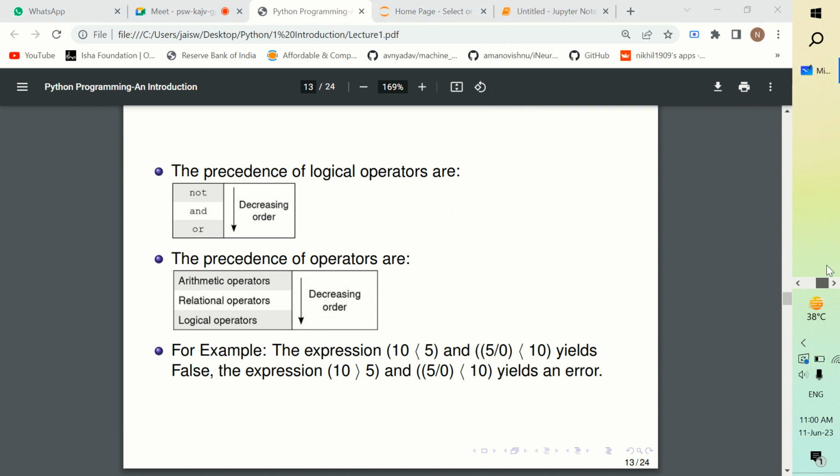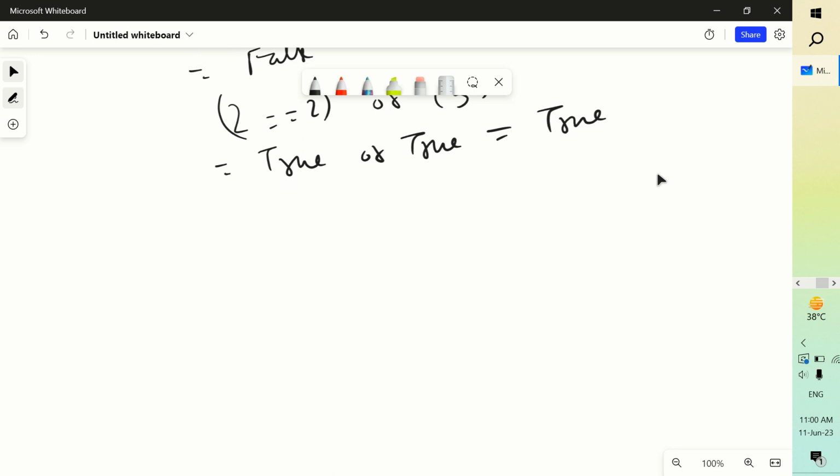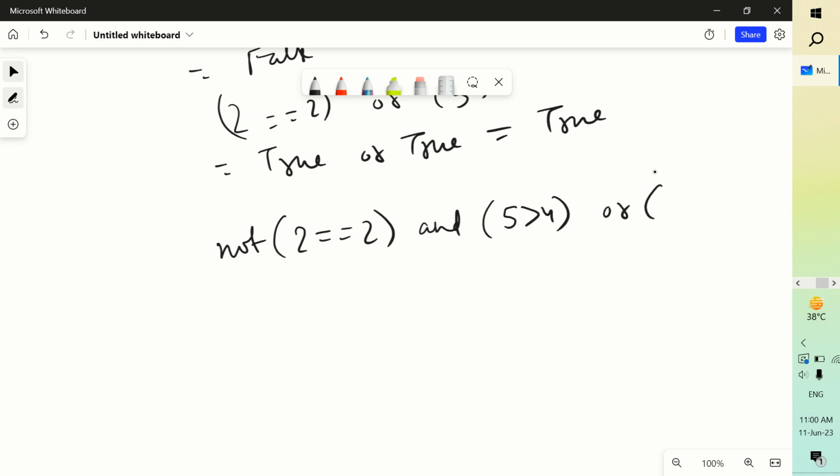So let's see the example. So let's see, we have not 2 is equals to 2 and 5 greater than 4 or 7 less than 9.